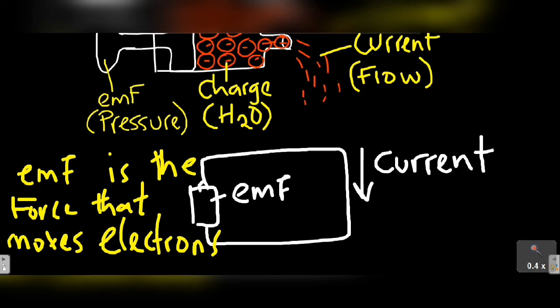Now, like we have said, the EMF in the circuit that we have drawn here is representative of the force that one would apply on this one end of the syringe.